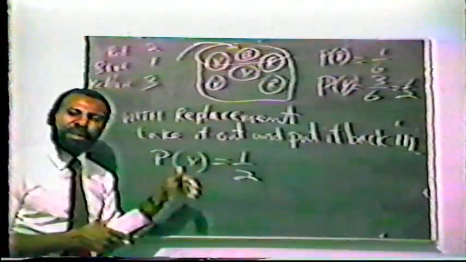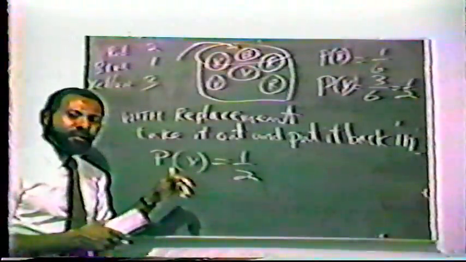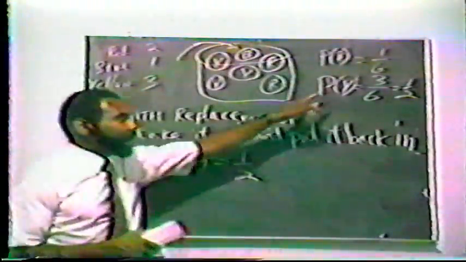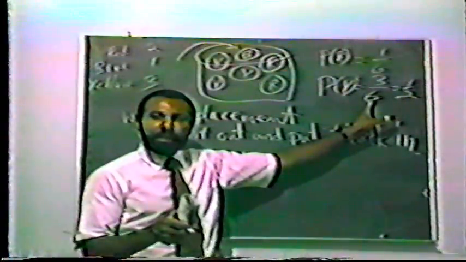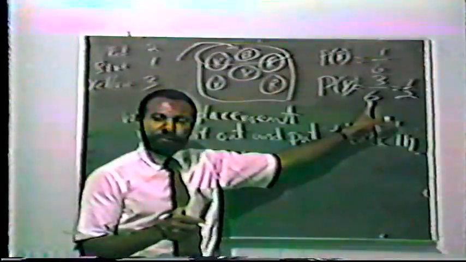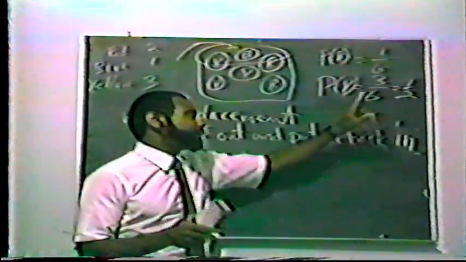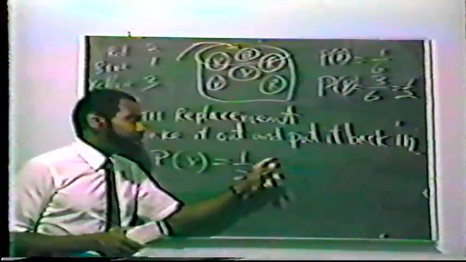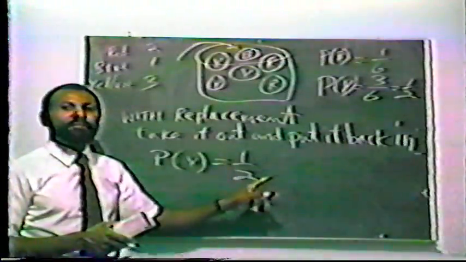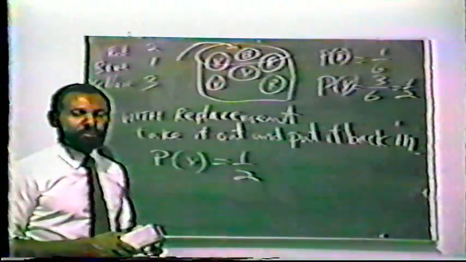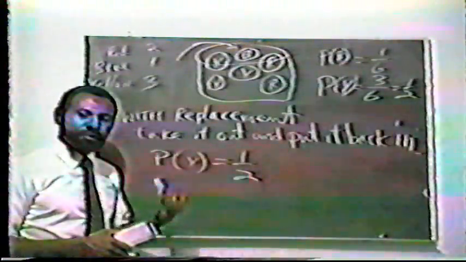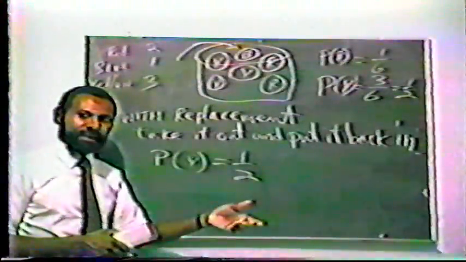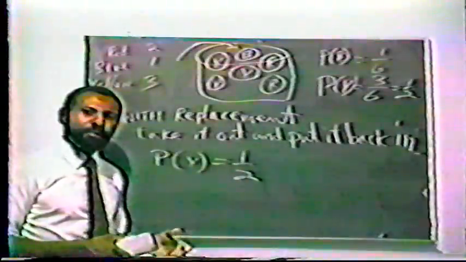We had with replacement. So there were 3 yellow balls and a total of 6 balls before we took the blue ball out, and there were 3 yellow balls and a total of 6 balls after we took the blue ball out. And this was because after we took the blue ball out, we put it back in. That's what we call with replacement.